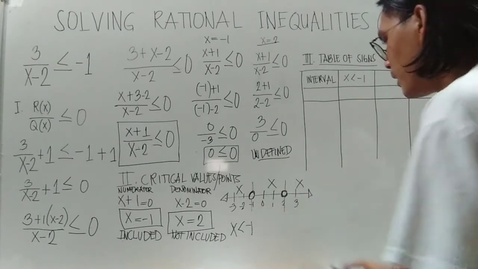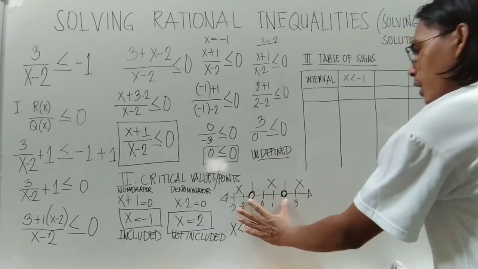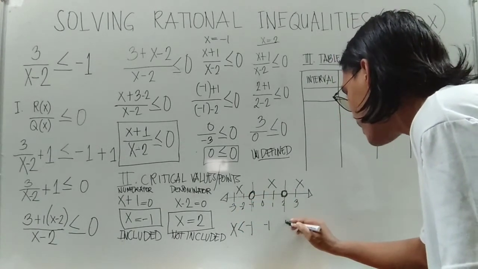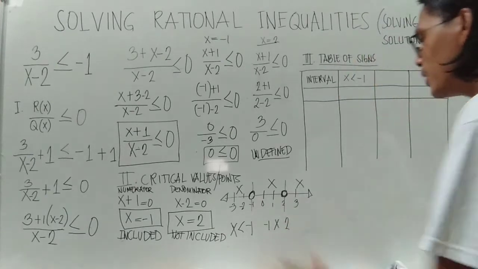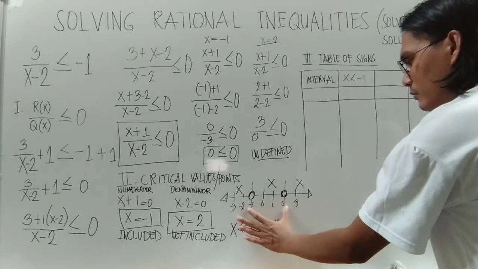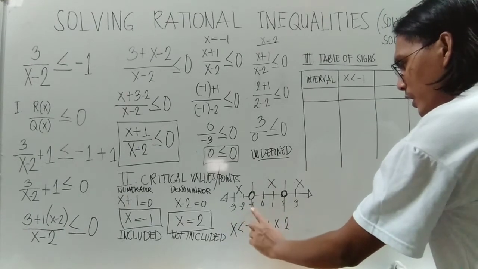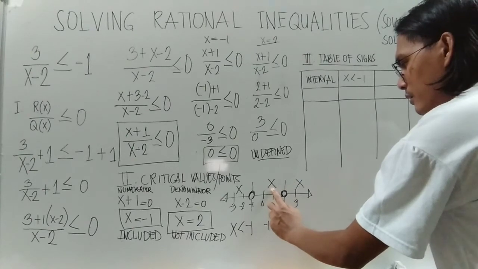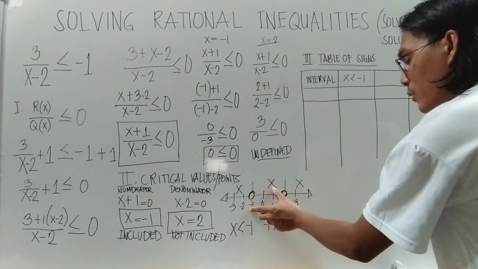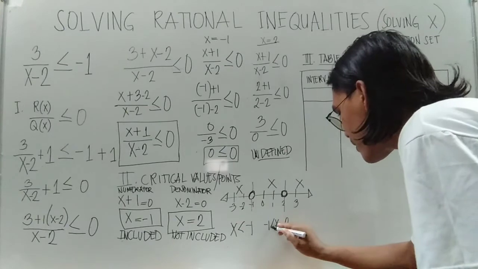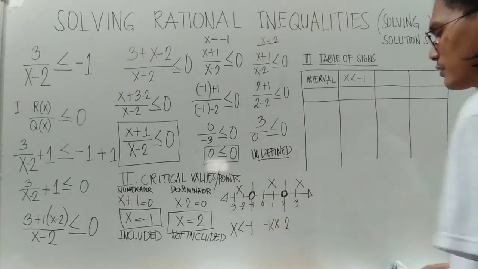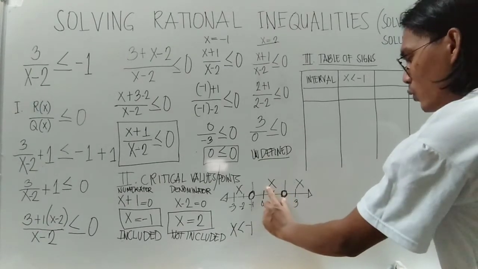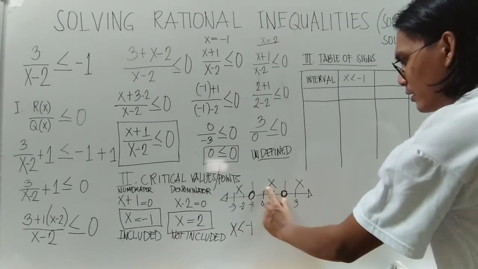Then your next interval is between the two critical values, negative 1 and positive 2, and x is in between them. Which is greater, negative 1 or x? x is on the right side of negative 1, so x is greater. Then between x and 2, which is greater?